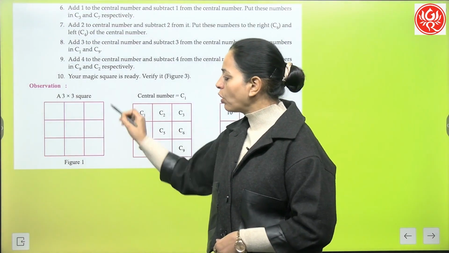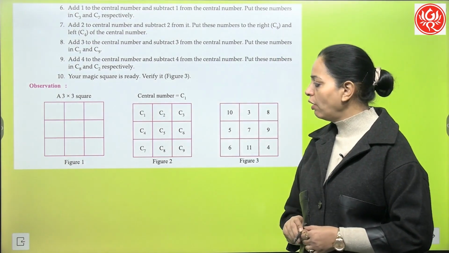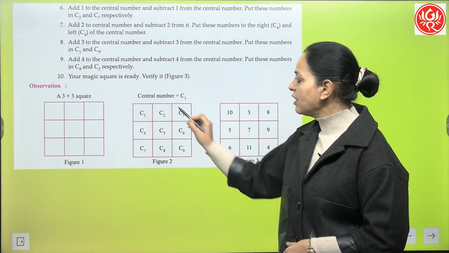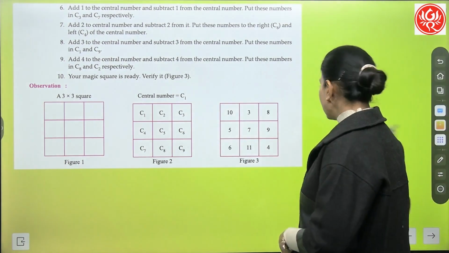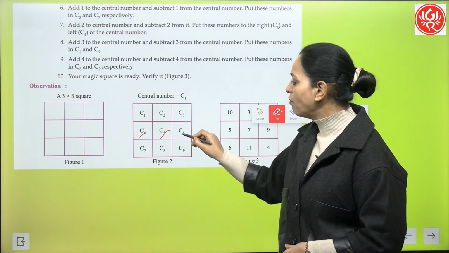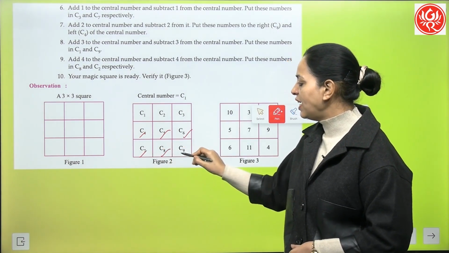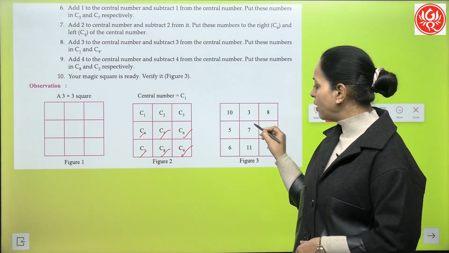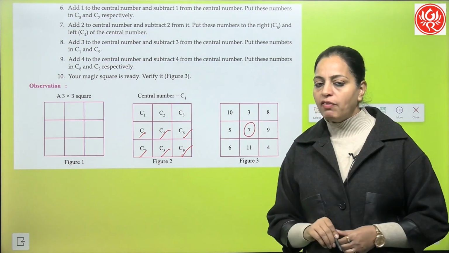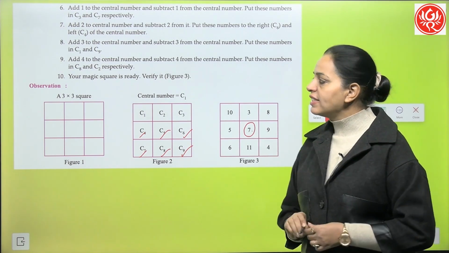We drew figure 1, a square 3 into 3, right? Now we are writing C1, C2, C3. These are the cells, blocks. C4, C5, C6, C7, C8 and C9. Okay, now we have chosen a number, the central number 21 divided by 3, that is 7.